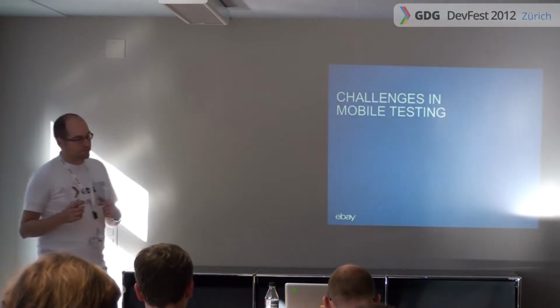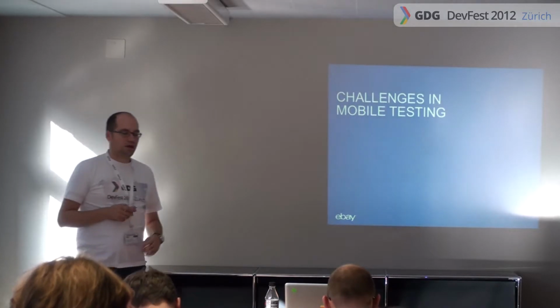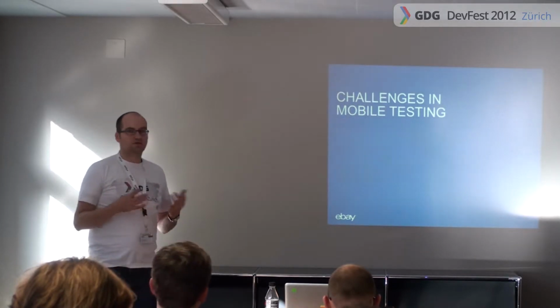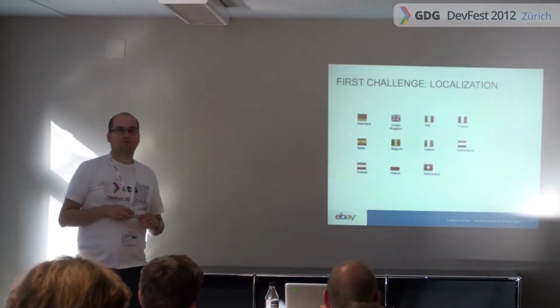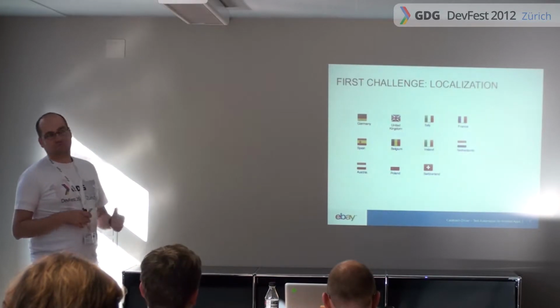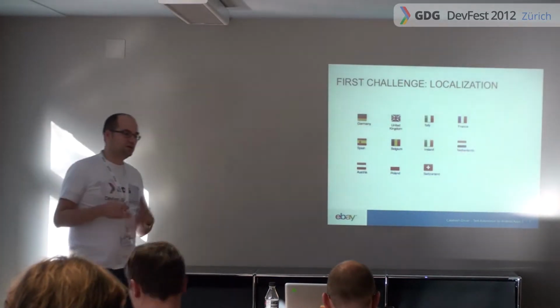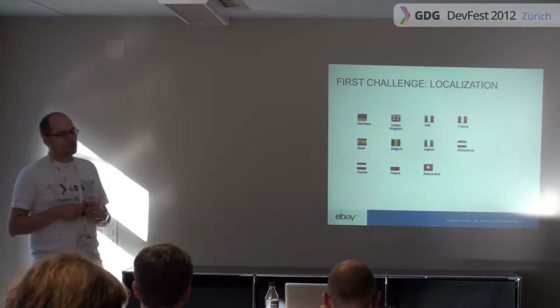In our team, we had some general challenges in mobile testing, and I would like to describe them to give you some context. We are responsible for 12 European sites, which means every app needs to be tested for each of these sites.